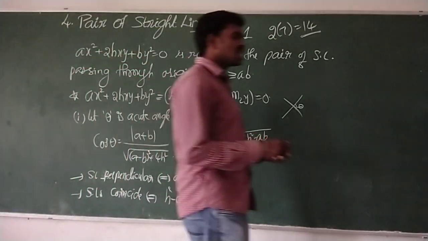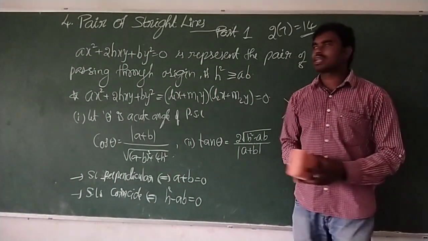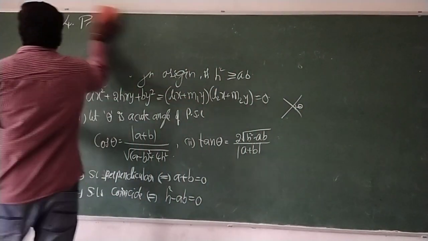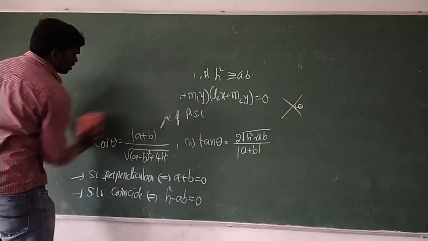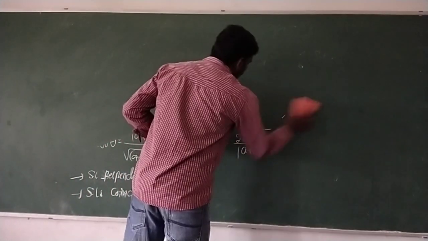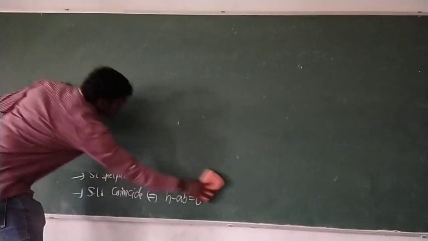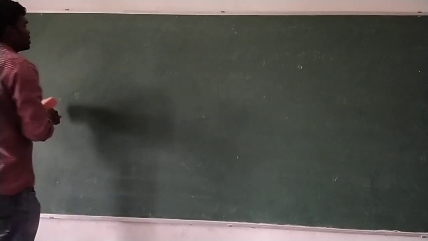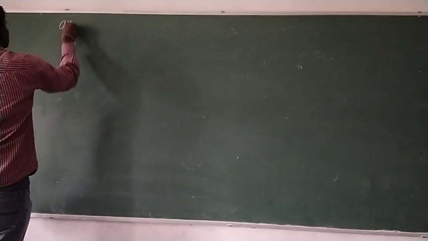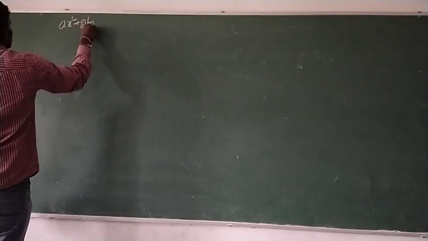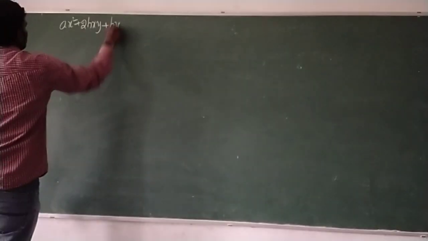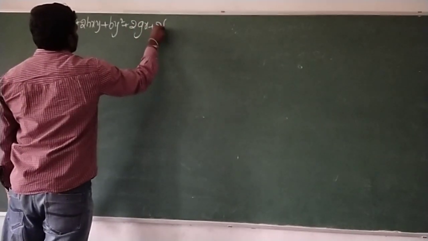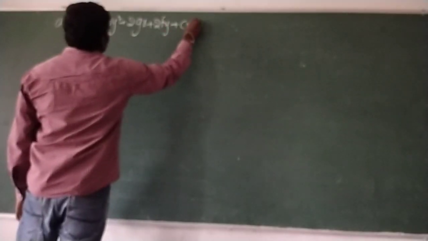Suppose the pair of straight lines are not passing through the origin, then what is the general form of the pair of straight line equation? I have given here one equation that is passing through the origin. The pair of straight lines equation which is not passing through the origin is ax square plus 2hxy plus by square plus 2gx plus 2fy plus c equal to 0.